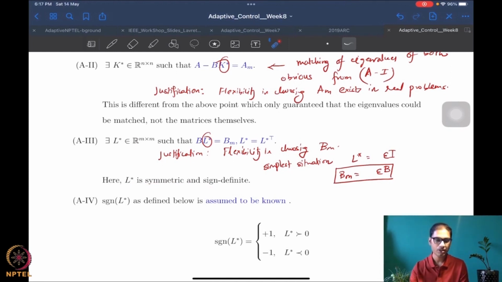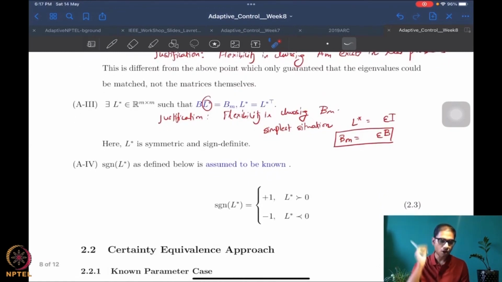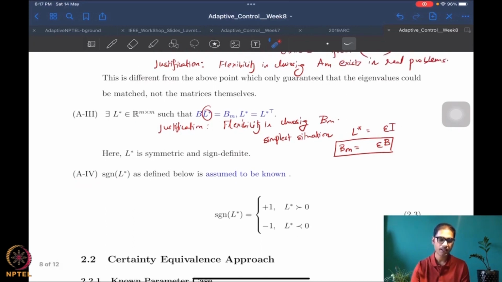So several assumptions. And on top of this, just like the scalar case, in assumption 4 we also claim that we know signum L star. Remember, in the scalar case, we required the sign of B to be known. So L star here serves to quantify the same thing.